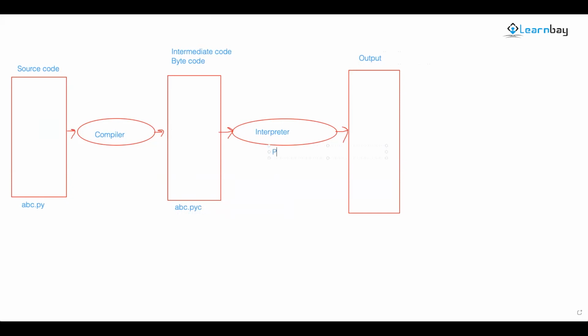PVM is actually a set of software which comes with the PVM, stands for Python Virtual Machine. Right? So PVM stands for Python Virtual Machine, which has the interpreter in it, which this interpreter executes this bytecode line by line and it gives you the output. So this is about the execution sequence of the Python code.